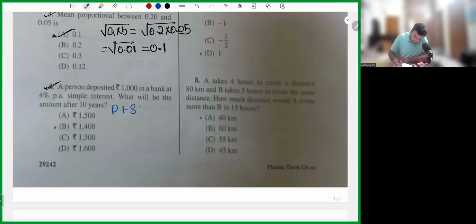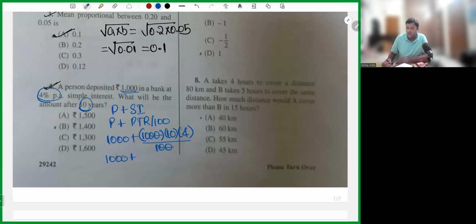Accumulated amount. Simply, I'll say it will be principal plus simple interest. Principal plus PTR by 100. So 1,000 plus 1,000 into time period, which is 10 years, rate of interest is 4, whole divided by 100. 2 zeros cancel. 1,000 plus 10 into 4, 40... 100 into 4, 400.